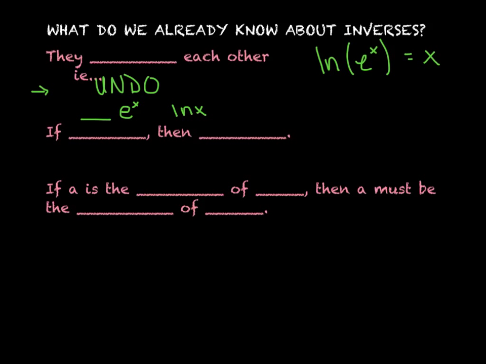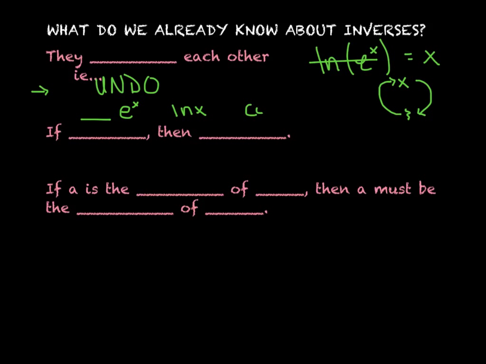Whatever e does to that x, the natural log swoops in and just undoes whatever e did to it. They essentially offset each other or cancel each other out, thus being right back where you started. In other words, you can kind of think of it like a circle effect. You start with x, e does something to it, and you get whatever. And then ln comes in and undoes whatever e did, so you're right back to where you started.